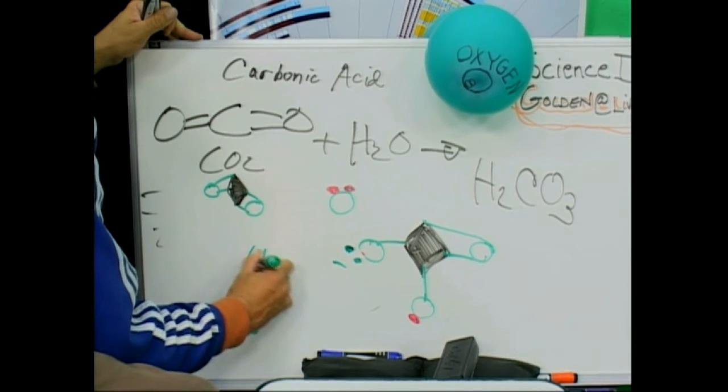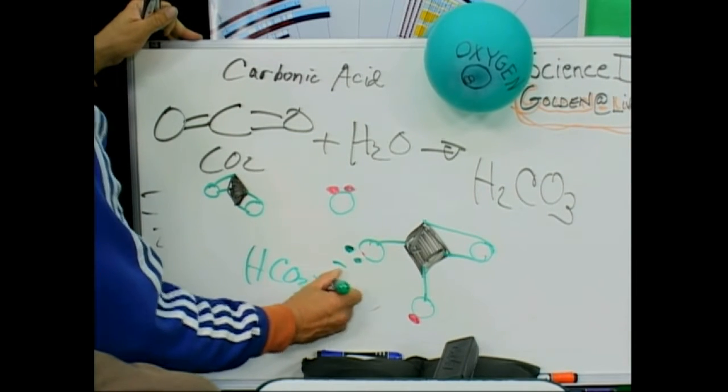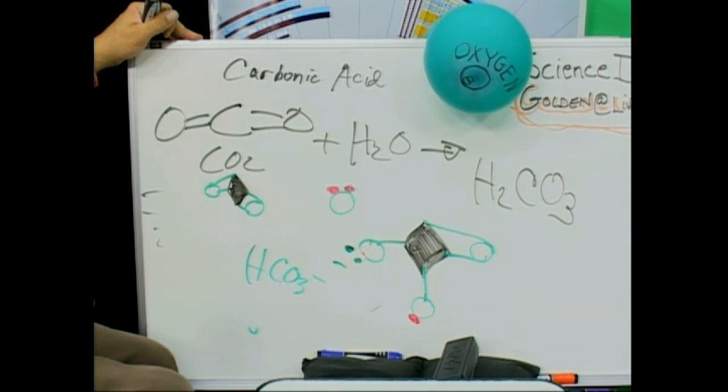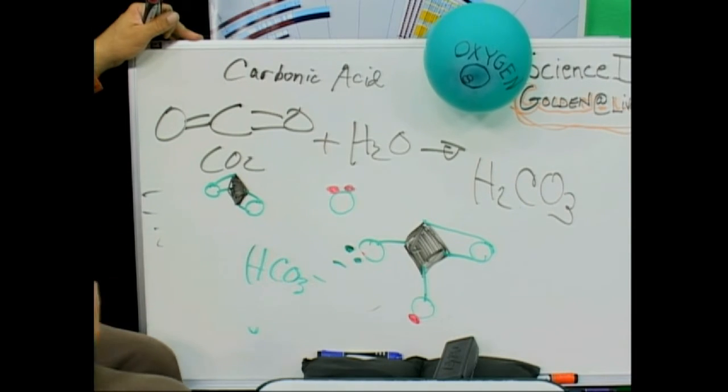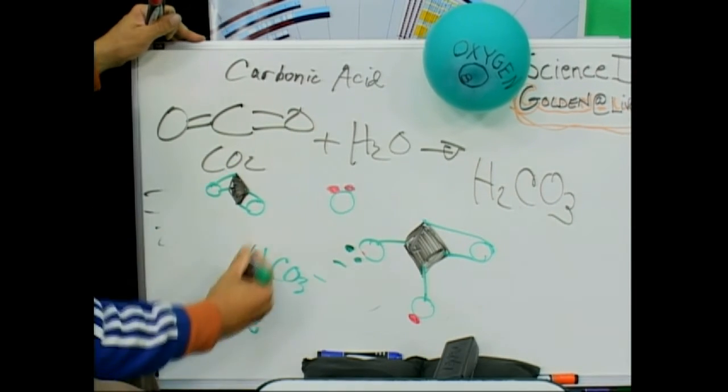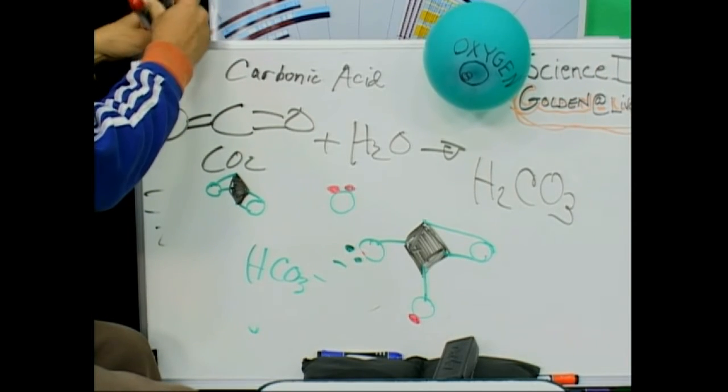So now it's HCO3 minus. That's called bicarbonate acid, bicarbonate ion. Bi means 2. Well, there's 2 and nothing here. There's 3 oxygens, 1 carbon, 1 hydrogen. So where does the name bi even fit into that thing?